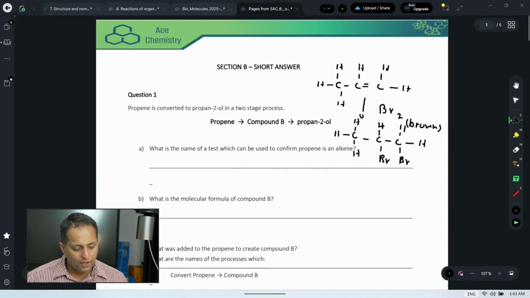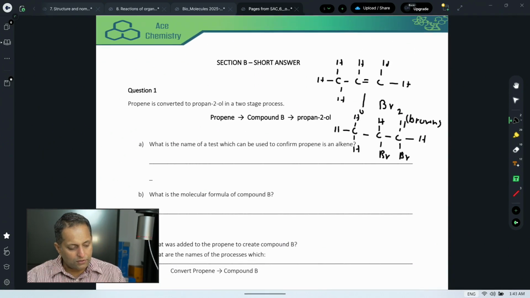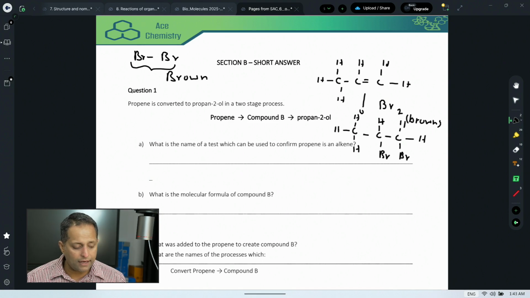What I'm trying to say is this. If you look at the structure of Br2, it is brown in color. So when it gets added into an alkene, the structure of the bromine changes.